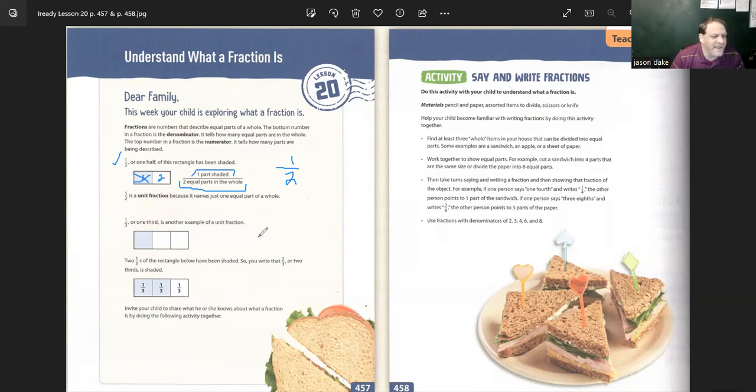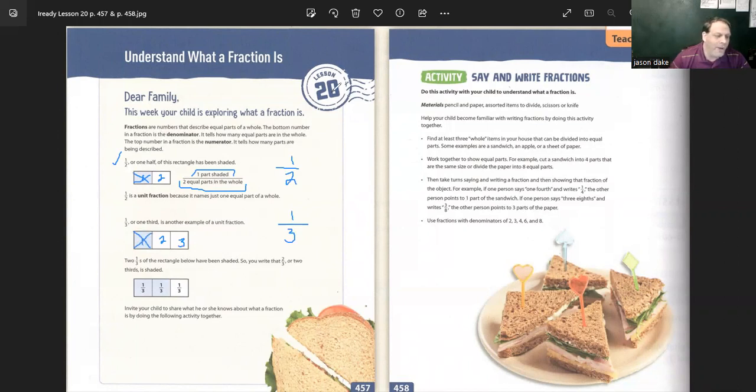Another example. How many blocks are there? 1, 2, 3 blocks all together. 3 blocks all together is your denominator. How many blocks are shaded? It's going to be 1. You used one of those.